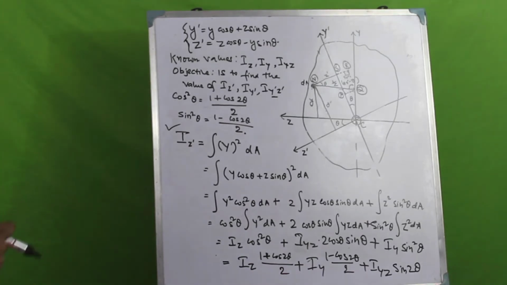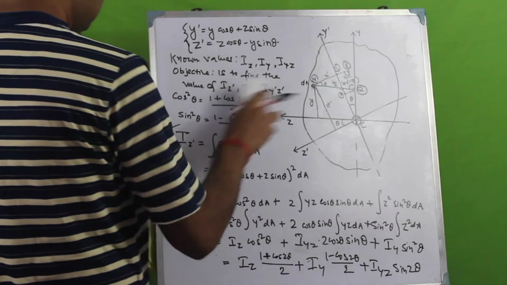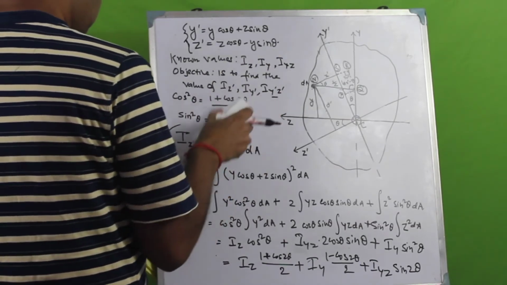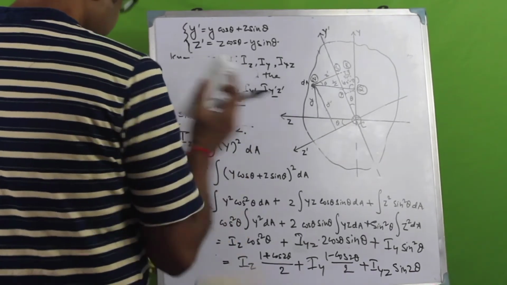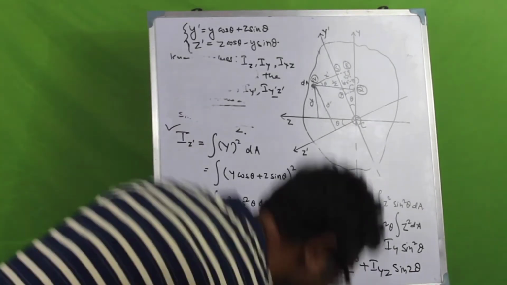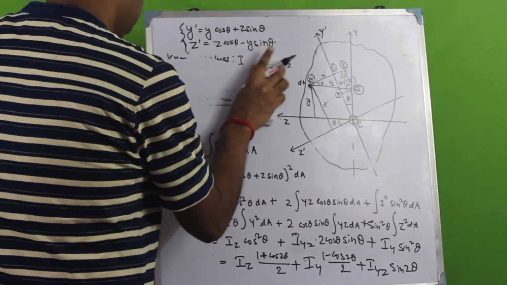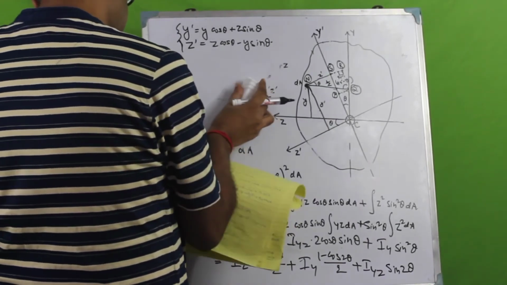So let us write this down. Let us retain what we have found here, so these values are now obvious. So I will just remove this now to note down the value of transformed moment of inertia.